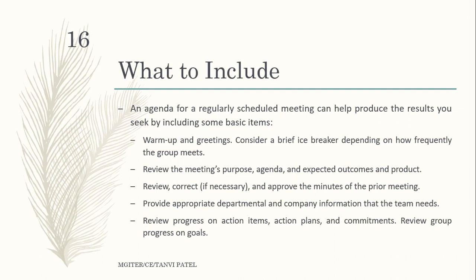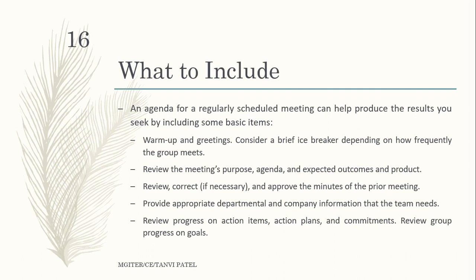What to include in the meeting? An agenda for a regularly scheduled meeting can help produce the result you seek by including some basic items. So the basic items are warm up and greetings, that is, consider a brief icebreaker depending on how frequently the group meets.